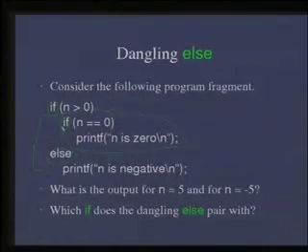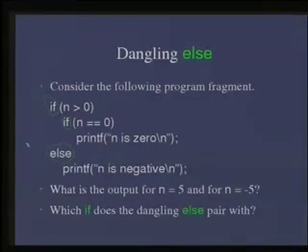Whereas if this else is associated with the other if, then what happens is that if n is equal to 0, if n greater than 0 evaluates to false, and since there is no else part, the answer to that question will depend upon whether this else is considered by the compiler to be paired with this if or with this if.